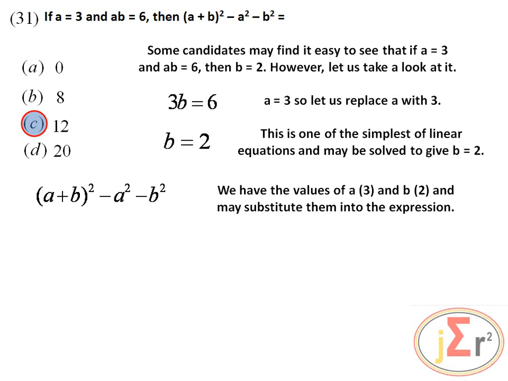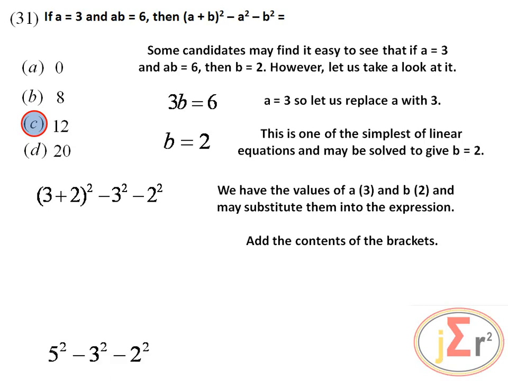We know that a is equal to 3 and b is equal to 2. Add the contents of the brackets. We have 3 plus 2, that is equal to 5. There is no difficulty there. 5 squared minus 3 squared minus 2 squared.